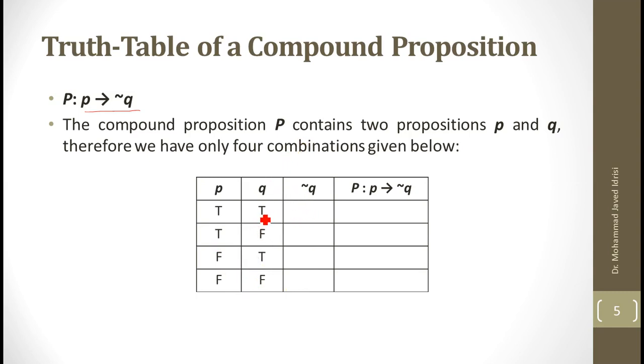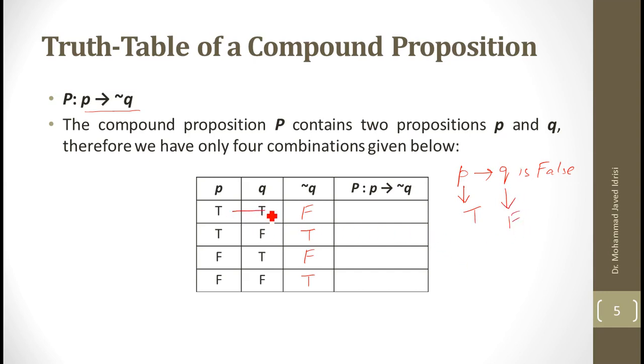If Q is true, its negation will be false. For false, it's true. Similarly, this one is false and this one is true. Now we have to write P implies negation of Q, means true implies false. As we know that for any two propositions, P implication Q is false if and only if the first one is true and second one is false.